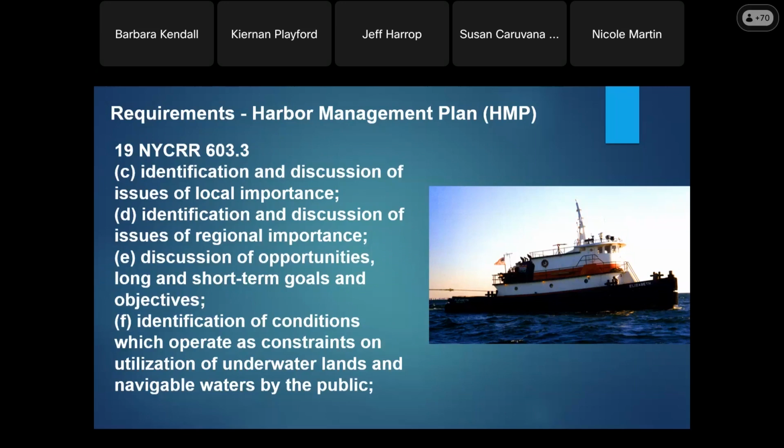A lot of times your harbor will overlap with neighboring communities and even the regional area if you have a busy port. So discuss that in the LWRP. You can go beyond your boundaries to discuss those regional importance issues related to the harbor. And then identifying constraints to the public's use of the waters and also underwater lands. That's going to be different for different parts of the state, but is something that needs to be addressed.